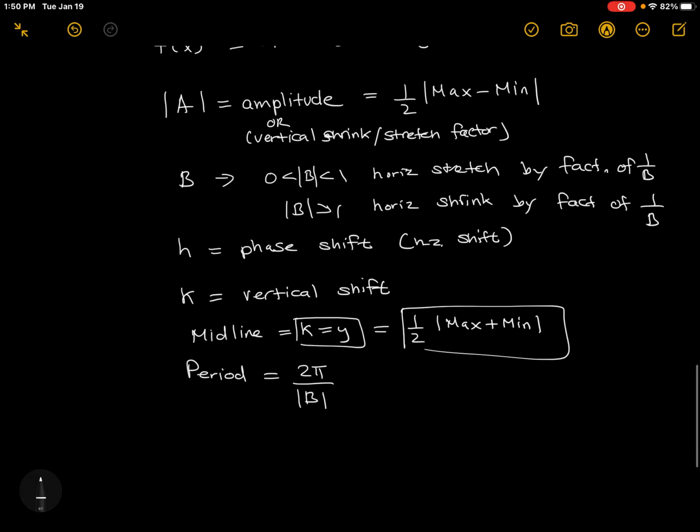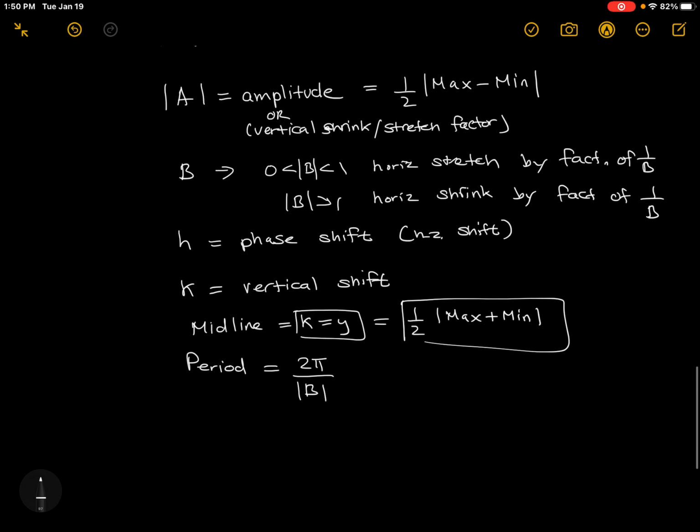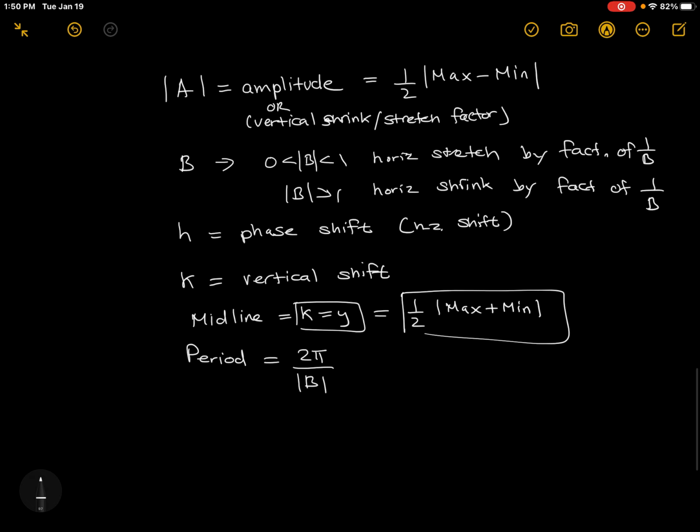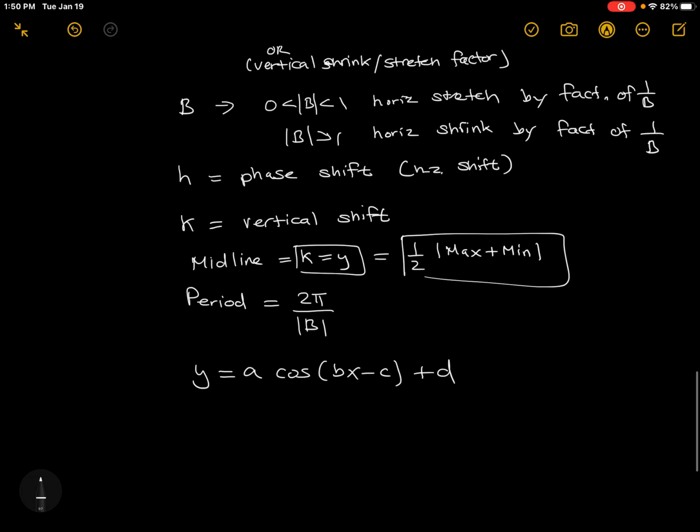One other thing I want to mention before I conclude the parent function explanation. Your textbook, or some other books, might use this: y is equal to a cosine of bx minus c, plus d. Hopefully you can see that a is the amplitude. Now, if I ask you what the phase shift is in this problem, you're going to have to do some calculation. The phase shift is not c.